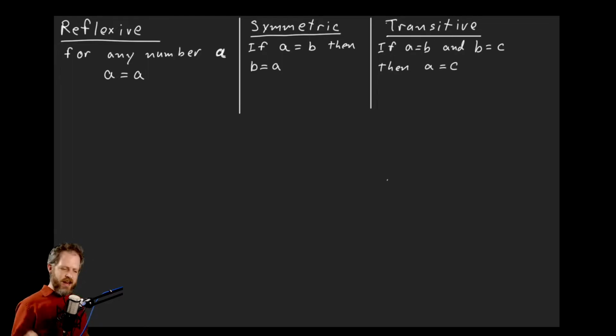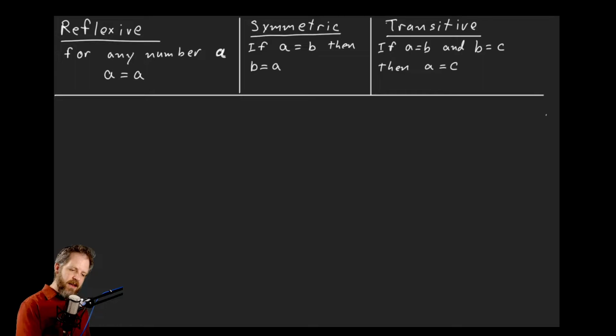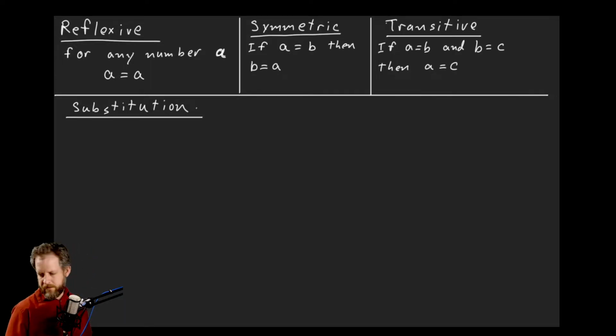The last property we actually kind of used in our last lesson. You can check the link in the iCard if you missed our last lesson for some reason. But the last property is the substitution property. The substitution property is pretty straightforward.